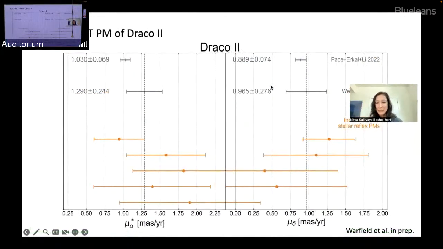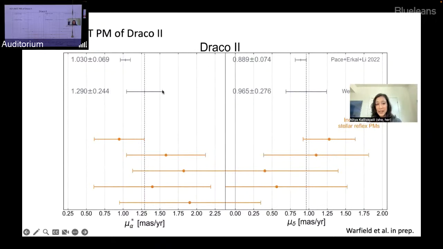This is our attempt to do this now for one of the targets of our resolved stellar populations program on JWST, Draco 2. Okay, so this is an HST to JWST measurement of Draco 2's proper motion. Draco 2 is at roughly 20 kiloparsecs, and this is about a 6-year baseline between the HST and the JWST observation. So what's striking here is that this is our result.